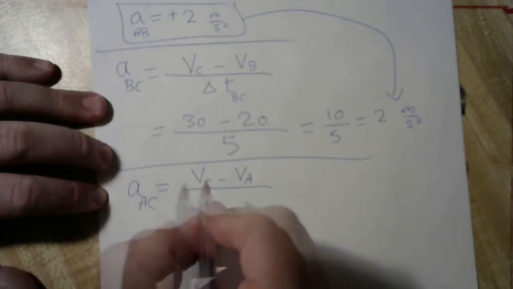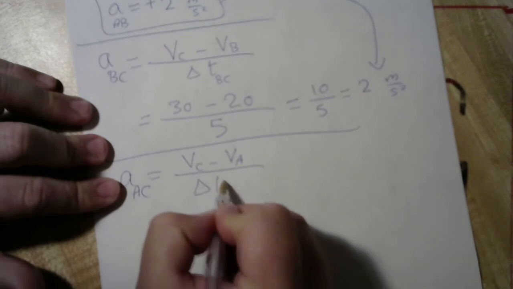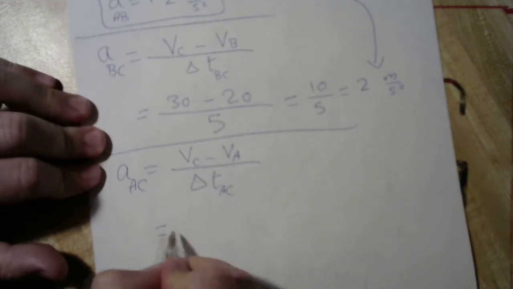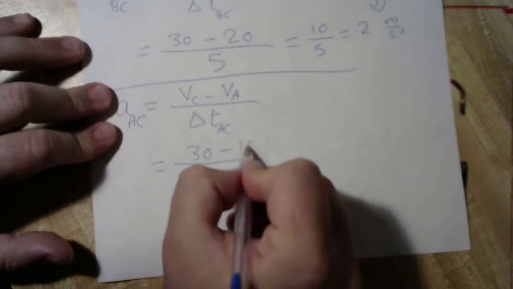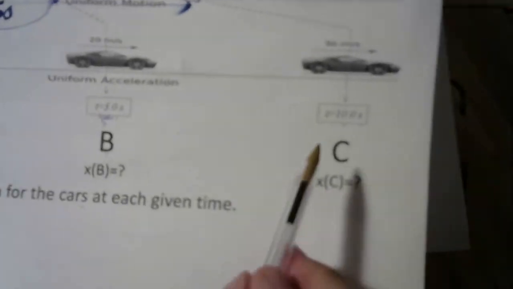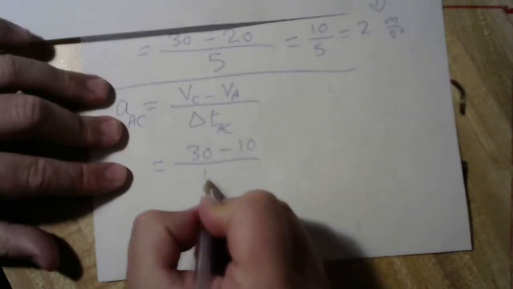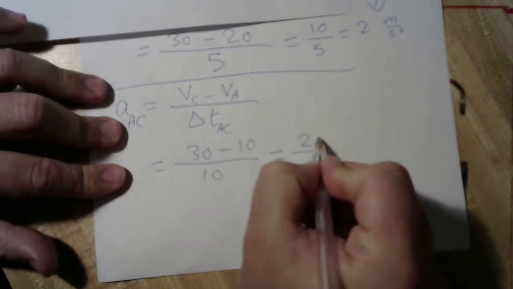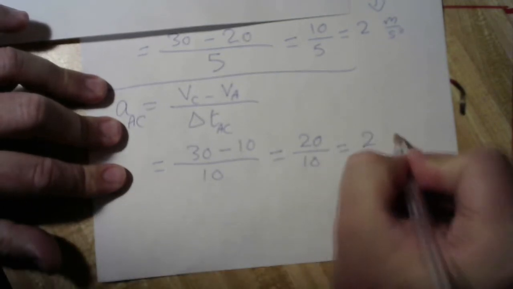I choose the initial and the final points over the change in time, or the time period between A and C. This is equal to the velocity at C is 30, the velocity at A is 10, over the time period between A and C, which is 10 seconds minus 0, which is 10 seconds. That change in velocity is 20 and the time is 10, and this is equal to 2 meters per second squared.